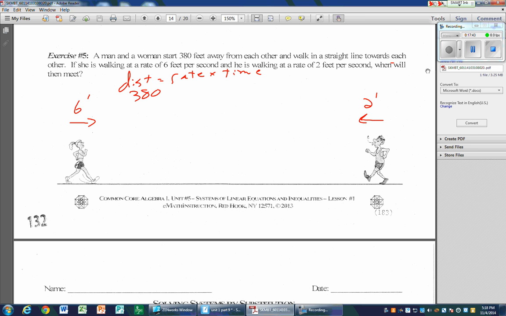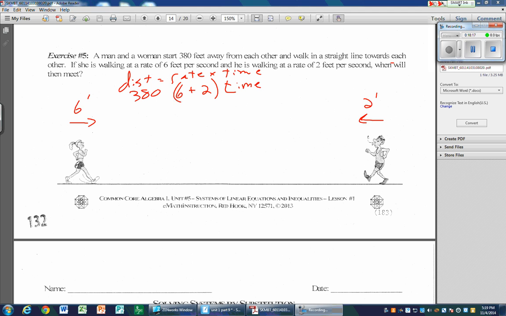When you're driving down the road and a car is approaching you and you're approaching them, if you're going 60 miles an hour and they're going 60 miles an hour, it would be the same thing as them going 120 miles an hour towards you if you were standing still. Okay, that's breakneck speed. So you never want to have a head-on collision because it's combining the two. So what I'm doing here is we can combine the rate.